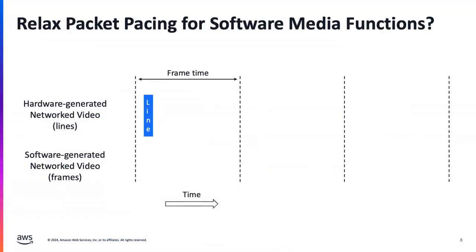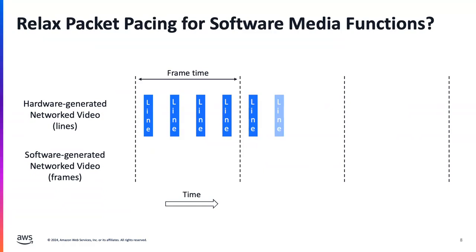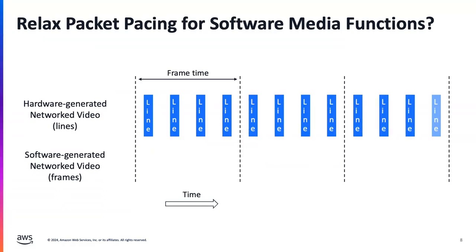But instead of going line, line, line, line, we might want to do frame, frame, frame. As long as we're getting a frame out within a frame time, we're delivering the media as we need to in order to process it.